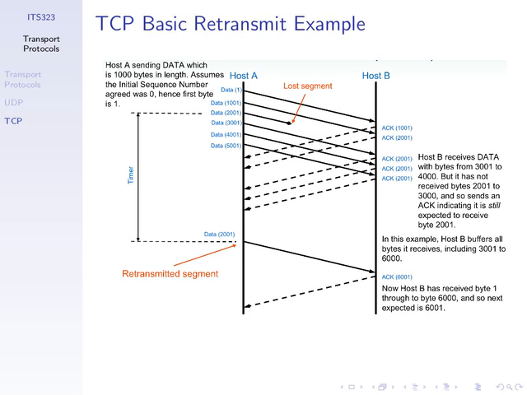If we make it too large, then we spend a lot of time waiting if we lose data. Let's say it wasn't here, but it was all the way down here. A would send segment 6, wait for the timeout, wait, and then retransmit. If the timeout interval is too large, we'll be inefficient if we lose data. So we usually have it just larger than the typical time it takes to send and receive the ACK.